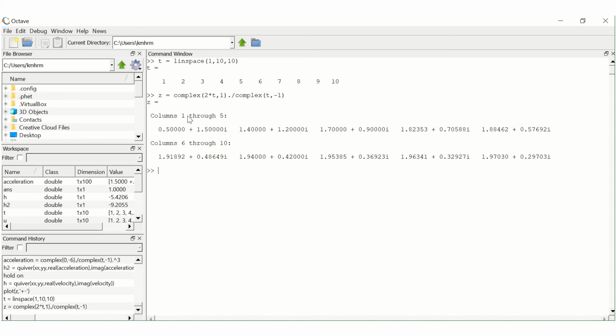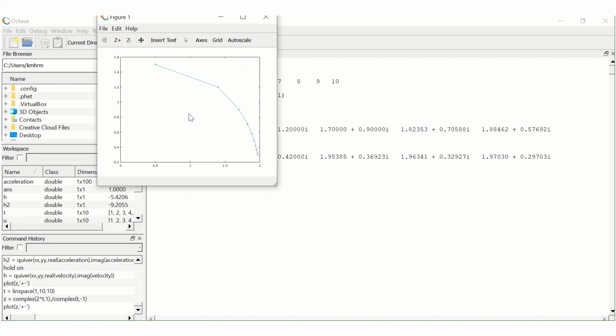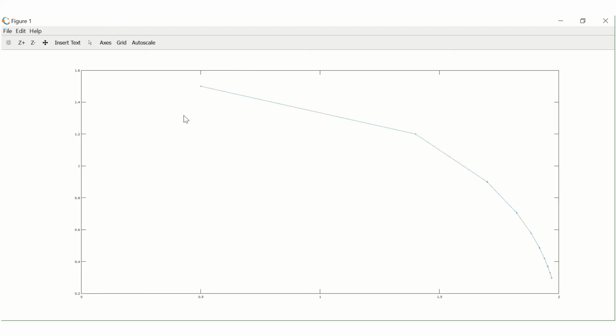So when you do that, you will have this set of z values, and now you want to plot this. So let's just plot z with the symbol plus and minus, and then you will have this graph.